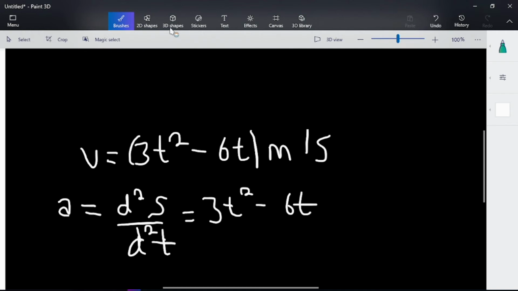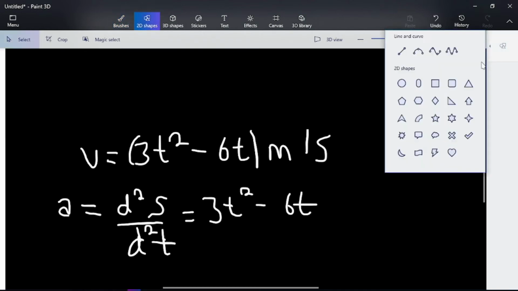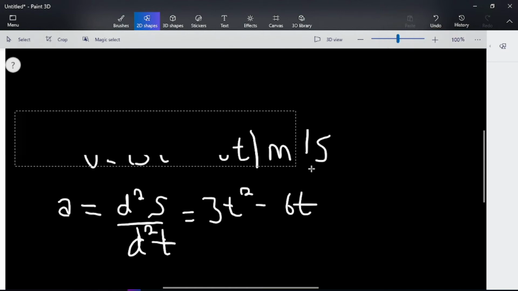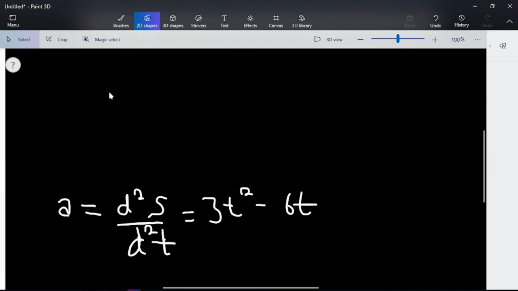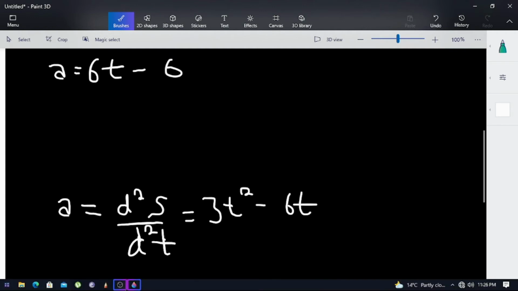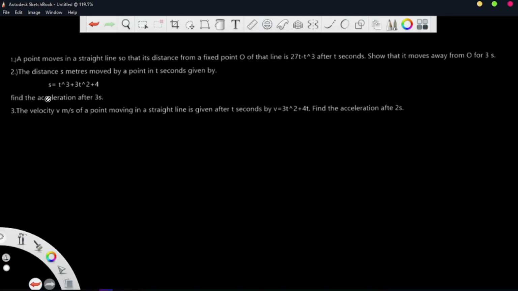So now that I'm at this point, I can simply write my expression 3t squared minus 6t. Let me just go ahead and clear this, and now let me differentiate this. So then therefore my acceleration will be equal, once we differentiate that, to 6t, and then once we differentiate negative 6t, we're just going to have minus 6. And then remember what our question said: find the acceleration after 3 seconds.